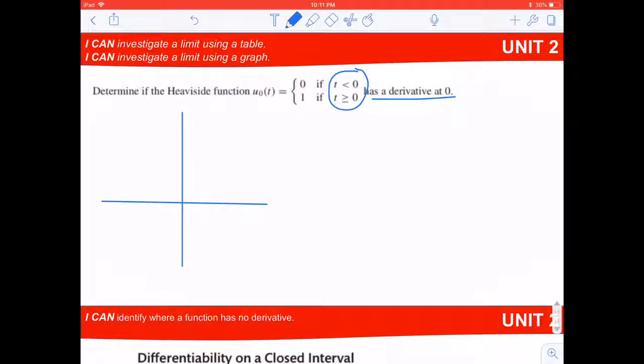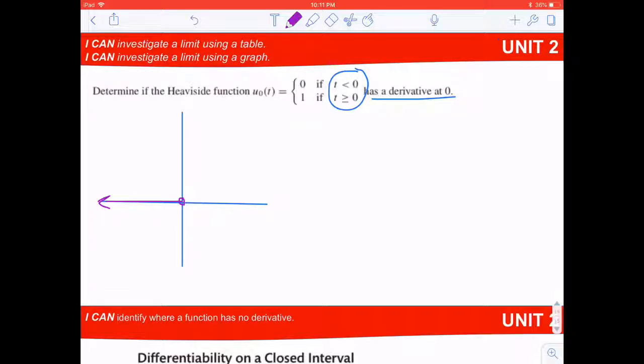So t equals 0 is right here in the center. If t is less than 0, we have 0. So that's going to look like this, just like that.